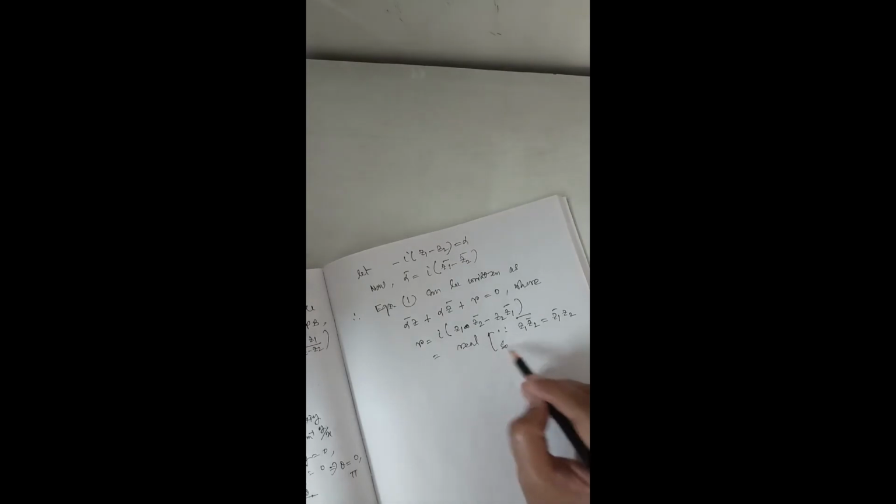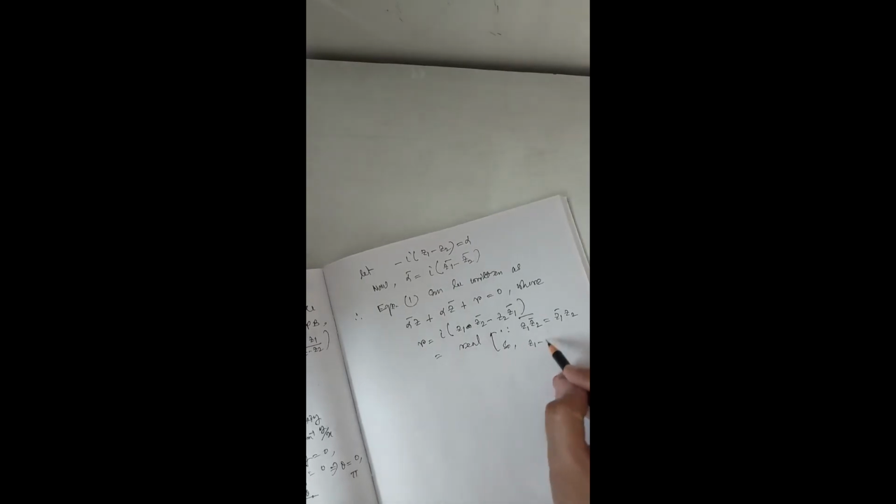We know very well, if you subtract the conjugate of any complex number from the complex number, you will get an imaginary number. So z1 z2 bar minus z2 z1 bar is imaginary.